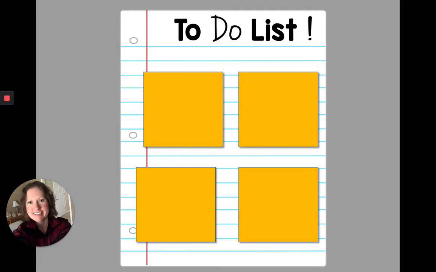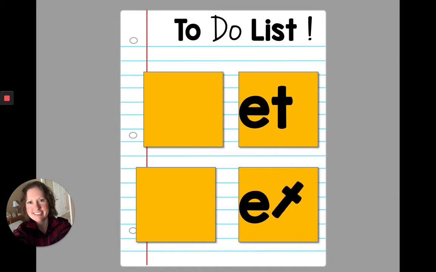So on my small pieces of paper, I'm going to think of a word family that has the short E in it. I'm going to start with the one that we did the most. I'm going to put et on this piece of paper. I'm also going to put et on the paper below it. Now I want to think of an initial consonant, a letter that I could put to go before it at the beginning of et to make a word.